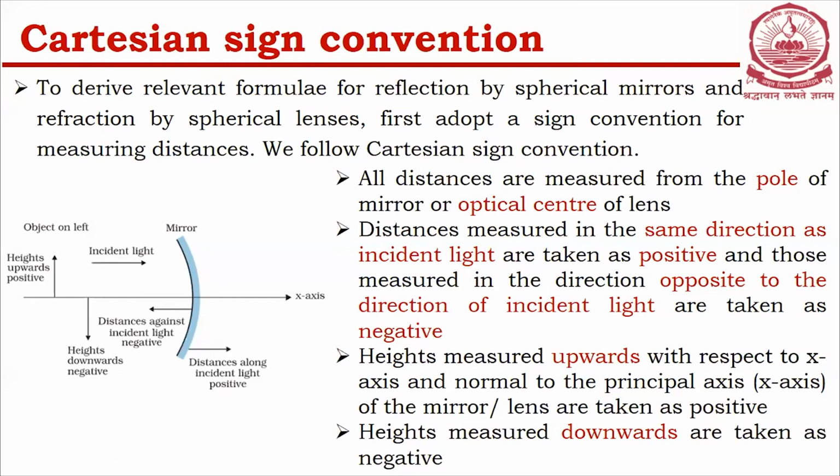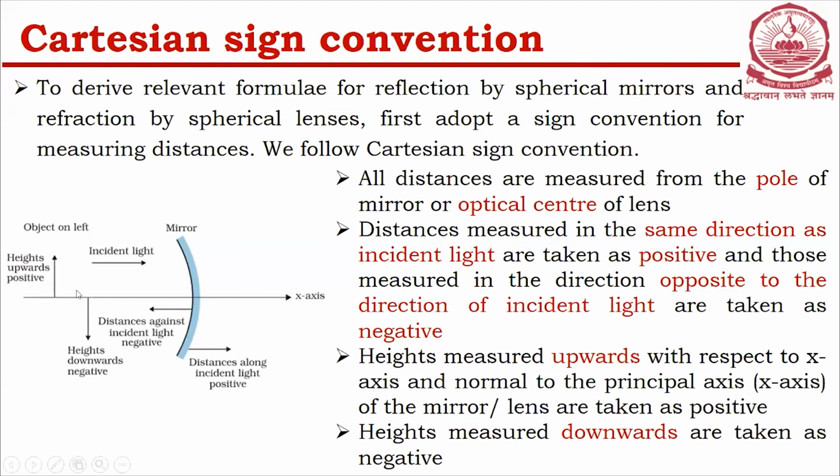That is the first thing you have to consider. Whenever you measure a distance in the direction of the incident light, it is positive, and when you measure the distance opposite to the direction of the incident light, it is negative. I hope you understand. Similarly, for the heights of an object, suppose you are keeping an object upwards with respect to the x-axis. If you take this first arrow as an object, you can take this as positive.